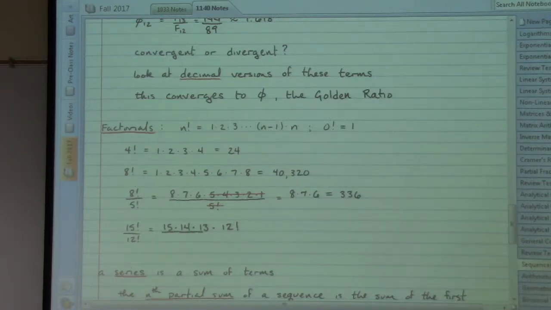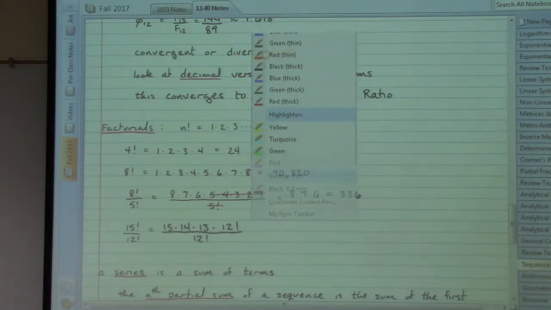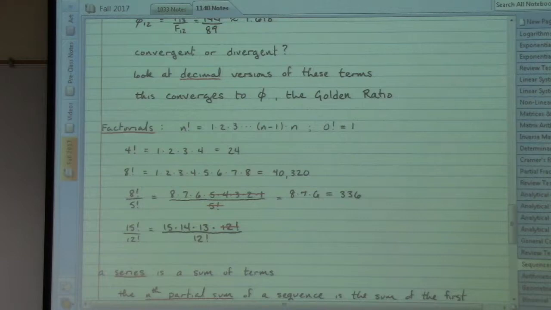I stop there because that's exactly what I happen to see down on the bottom, 12 factorial, and so I can come in here and say the 12 factorial on the top and on the bottom would reduce out, leaving me with the 15 times 14 times 13.